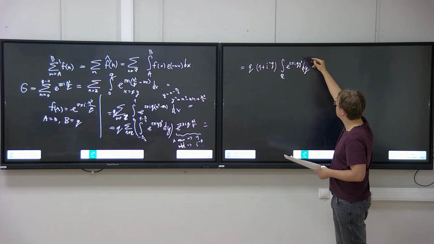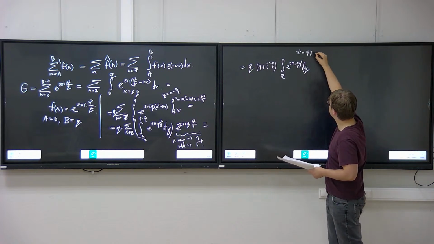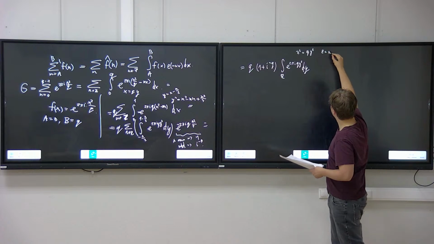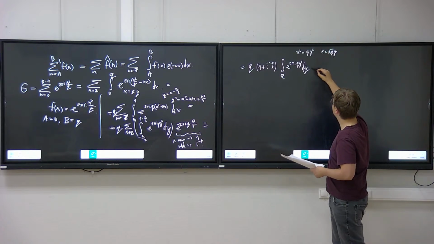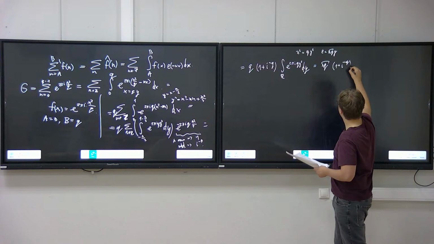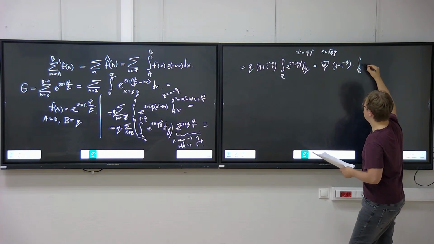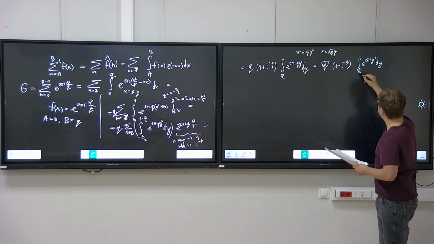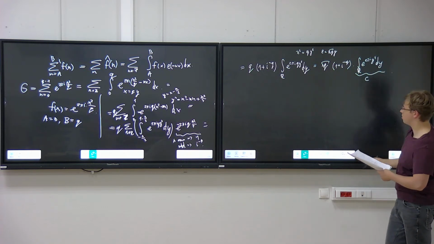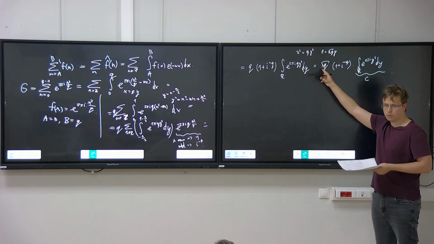We have q here. Let's take z square to be q x square. So z is square root of q x. So we will get square root of q, 1 plus i to the power minus q, multiplied by an integral over e to the 2 pi i z square dz. And this is an absolute constant. Okay? And it does not depend on q.